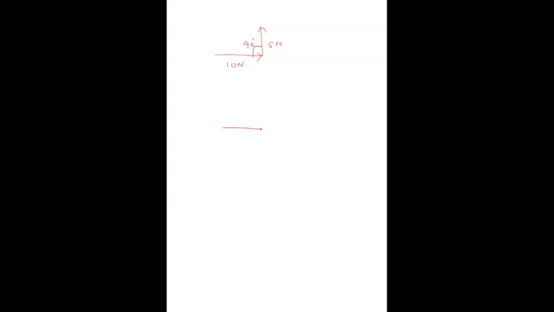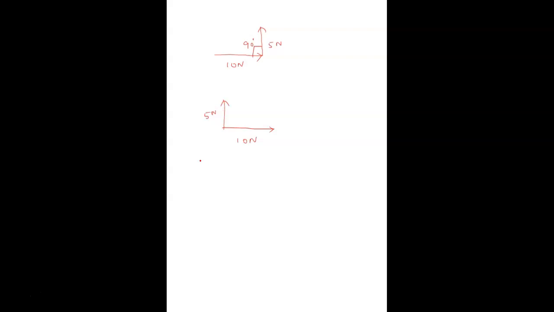There is a rule I told you before: 10 Newton vertically upwards, this 5 Newton I can take here. The direction is not changed because we have taken this arrow on this side, parallel. So the direction is not changed.